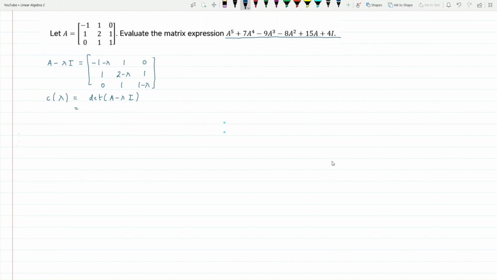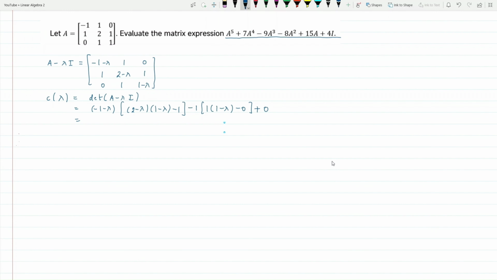So it is going to be minus 1 minus lambda times the minor, which is 2 minus lambda times 1 minus lambda minus 1, minus 1 times of 1 into 1 minus lambda minus 0, and plus 0.